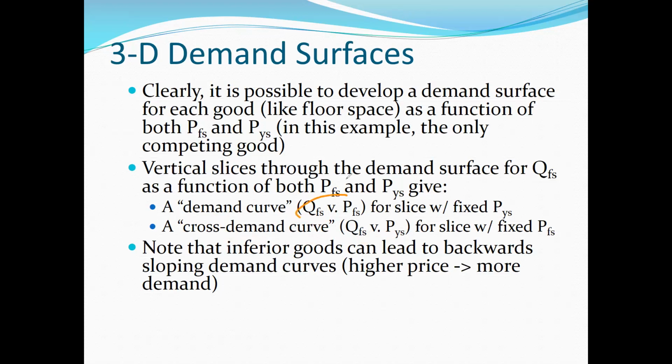So look very carefully, these are two different things. A cross demand curve is quantity of floor space versus price of yard space. When you put a little cross in front of it, remember the subscripts are different. A demand curve has the same subscript.